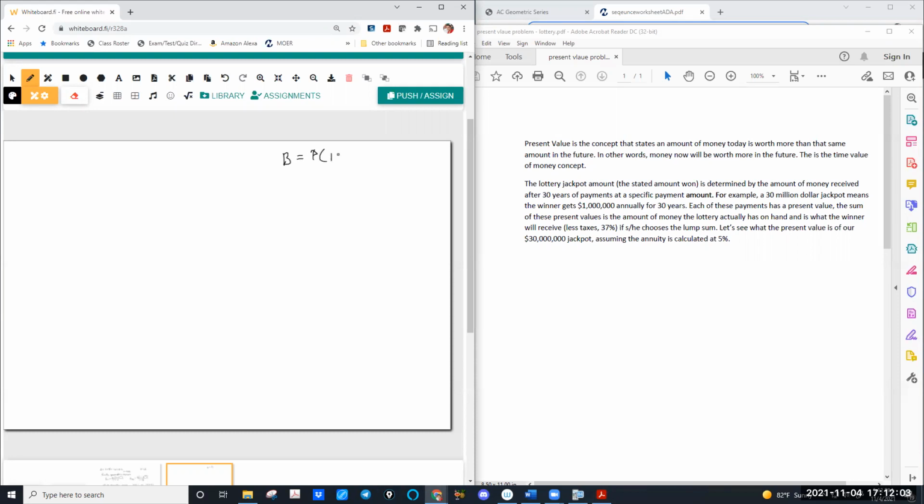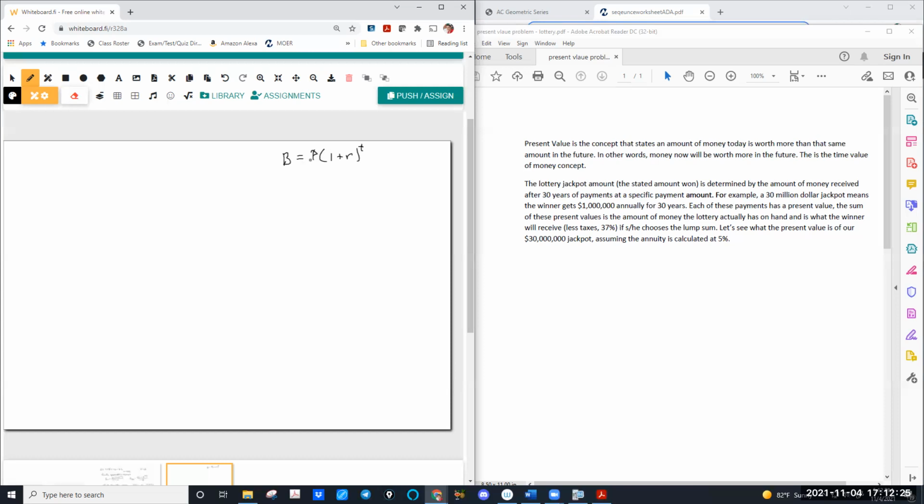B equals P times 1 plus r, sometimes to the t or to the n. Let's use t, that's fine. Where t is in years, if r is an annual interest rate. So our $100 would be here, our interest rate would go here, and however many years goes here. P is kind of like the present value.